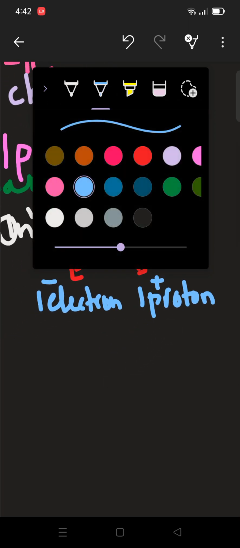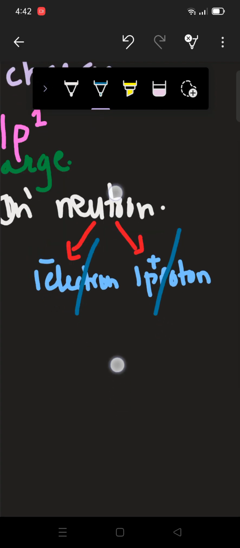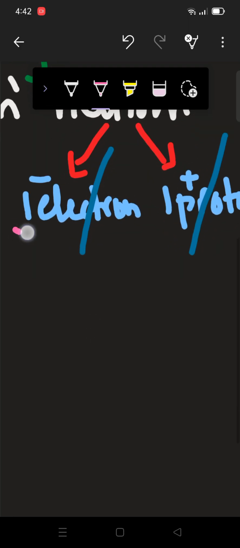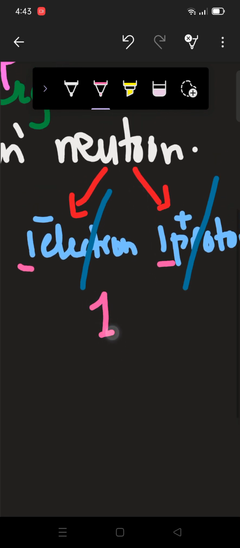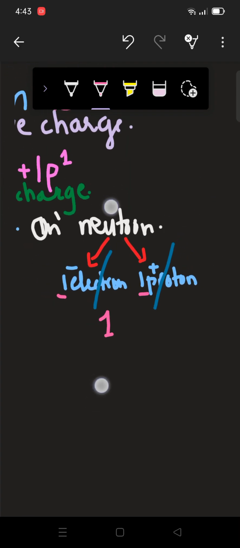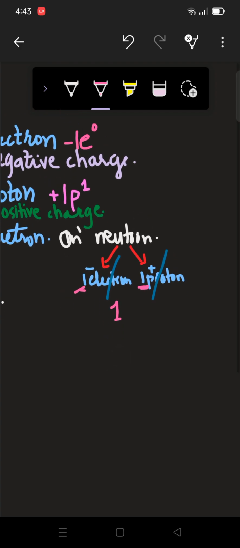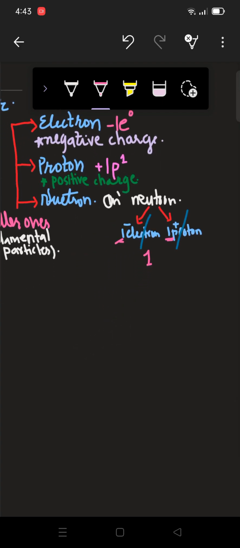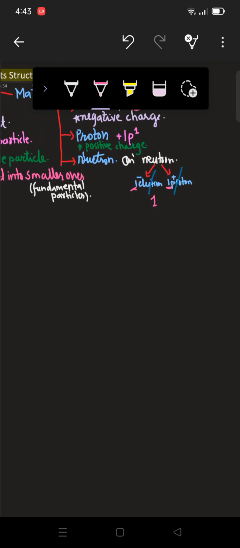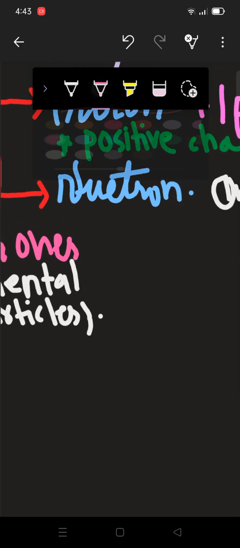So this one electron and one proton both are cancelled. That's why we have the mass, which is 1 plus 1, it is 1, but the charges are cancelled. We have mass 1, but the charge is 0, which means it has no charge. It is neutral.